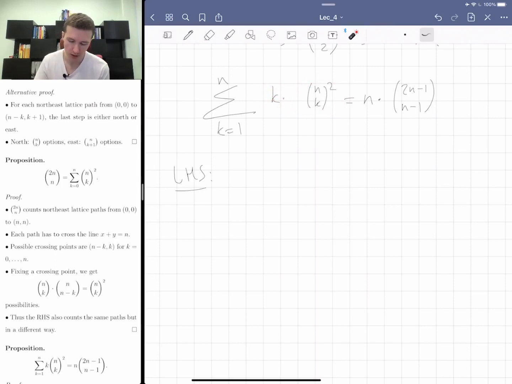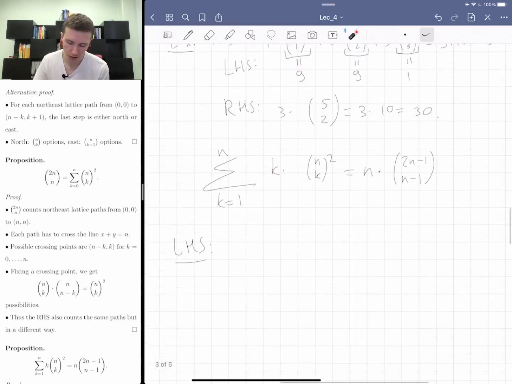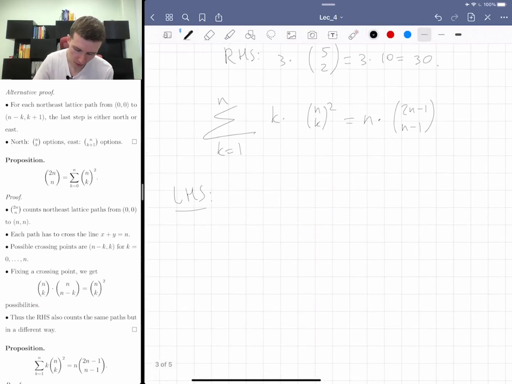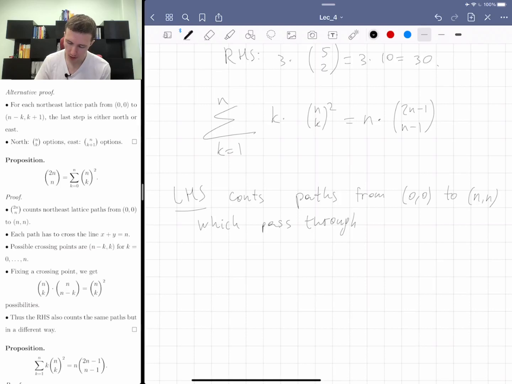That means that the left-hand side counts lattice paths from 0, 0 to n comma n, which pass through n minus k comma k.